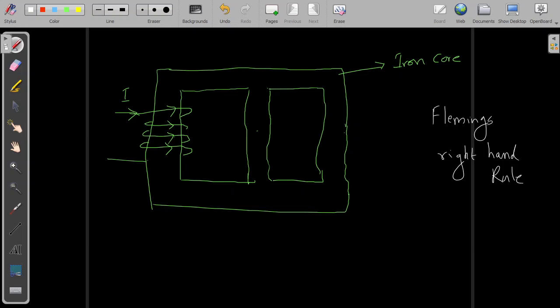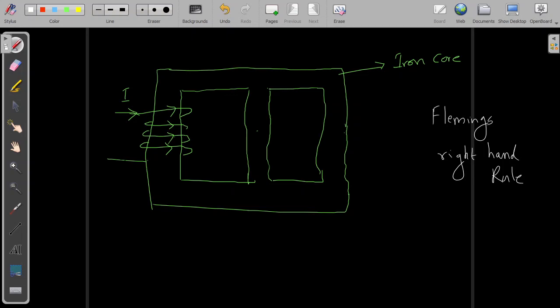The direction of curl of those four fingers is the direction of current, and the thumb indicates the direction of flux generated. That is what you mean by Fleming's right hand rule.